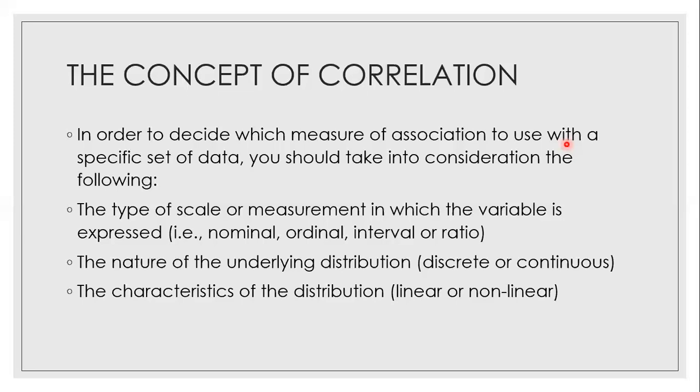It also depends on whether the distribution is linear or non-linear. Linear meaning that it follows a straight line. When you plot it on a graph, you can see generally a trend towards a straight line. If it's non-linear, it's more of a curve.